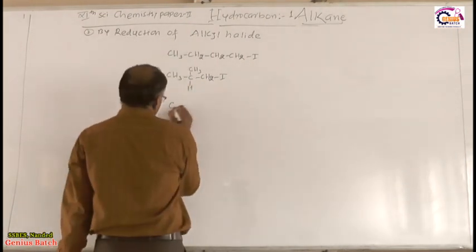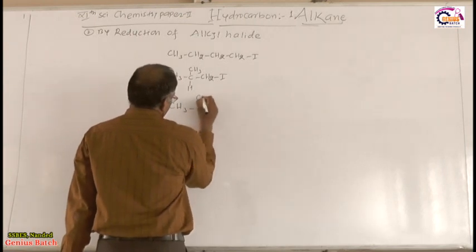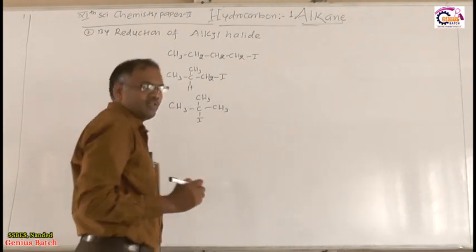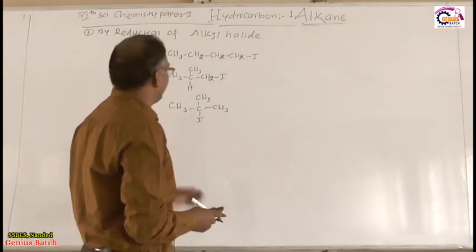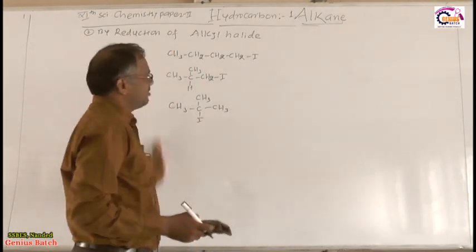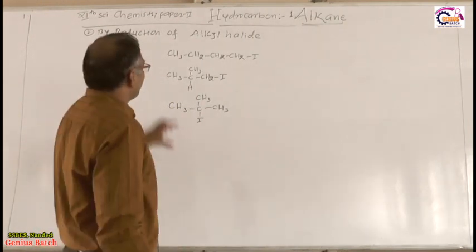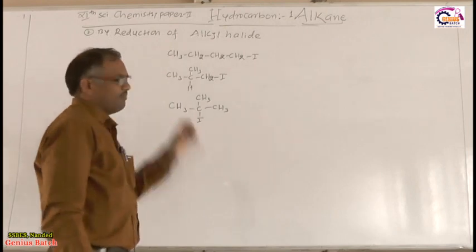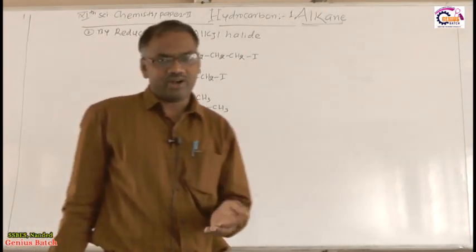Then CH3 CH3 CH3 C I. This is tertiary butyl iodide, right? So I can write the 3 structures. Now let us reduce these 3 compounds and see what the product will be.